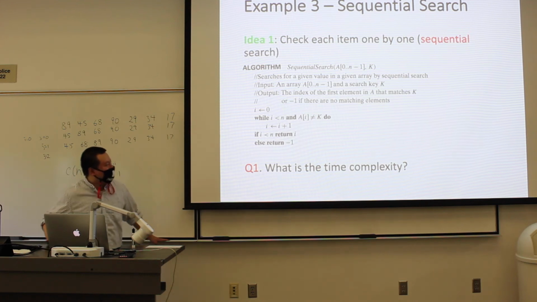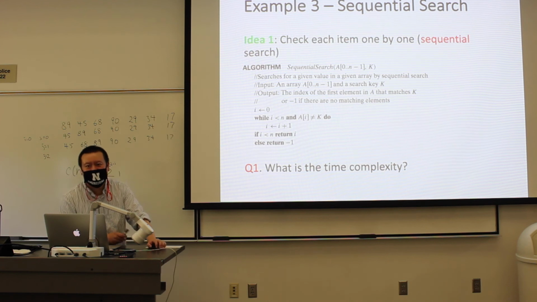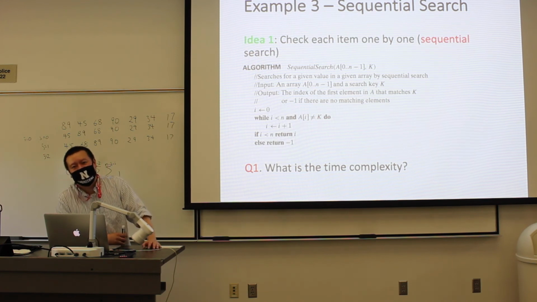What would be the time complexity of this algorithm? The worst time complexity. In the worst case, the last value will be k, because we're starting at 0, so at n minus 1 will be this k.